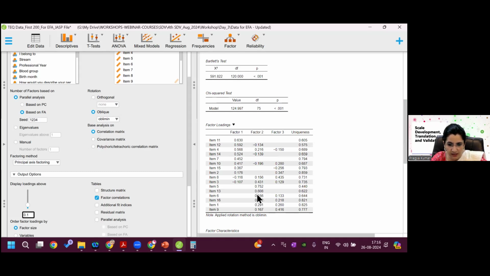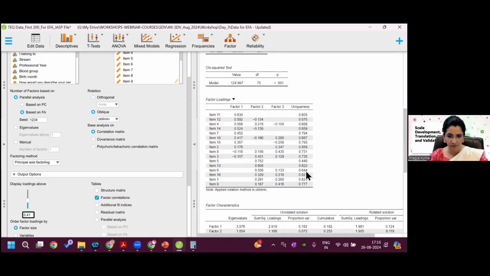Item 6 is at least getting loaded on factor 2 strongly, 0.5. Strong loading is at least 0.5. Item 3 again is getting loaded on the second factor. If you make the cutoff 0.4, then these items will not be loaded.